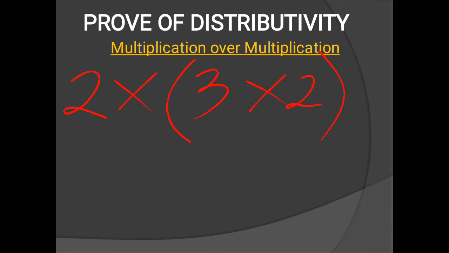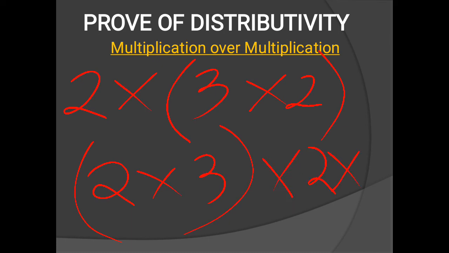Now let's distribute: 2 times 3 times 2 times 2. 2 times 3 is 6, times 2 is 12, times 2 is 24, which is different from 12.